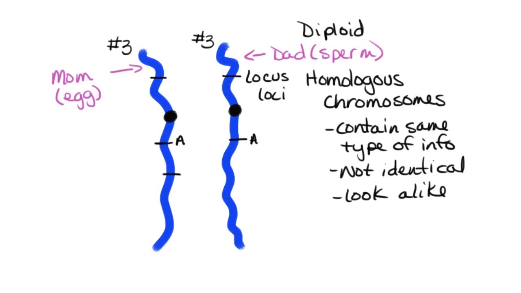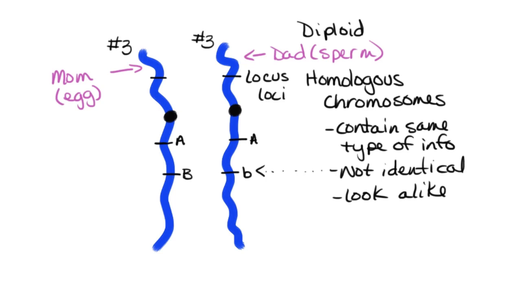If we moved further down, they would both have information for making protein B located in the same spot. Now, I've drawn the B's, one capital and one lowercase, because again, it's not necessarily identical information, but it's going to be similar information.